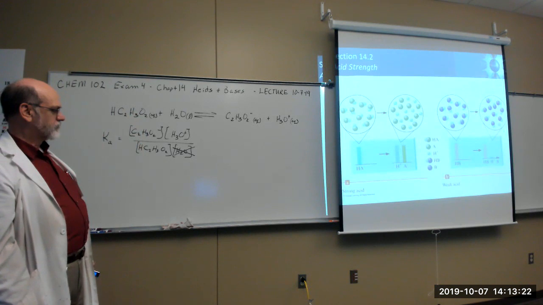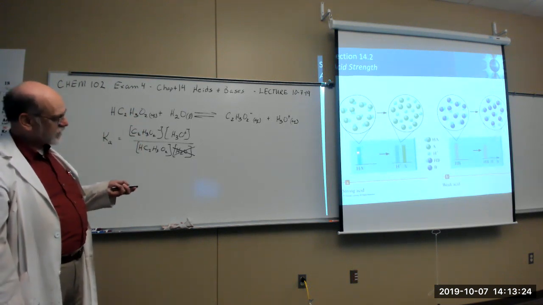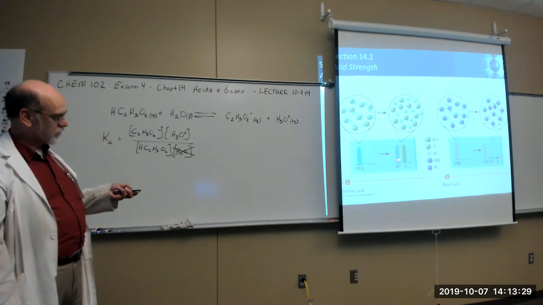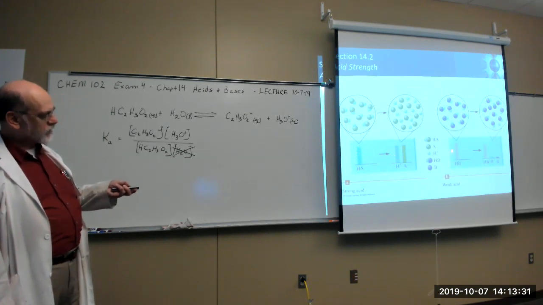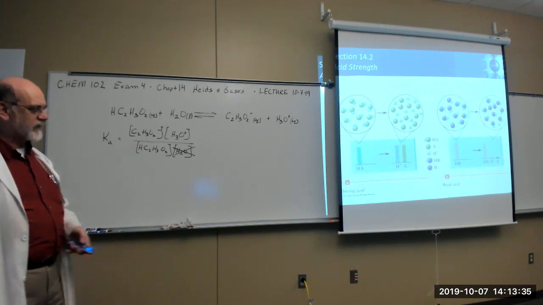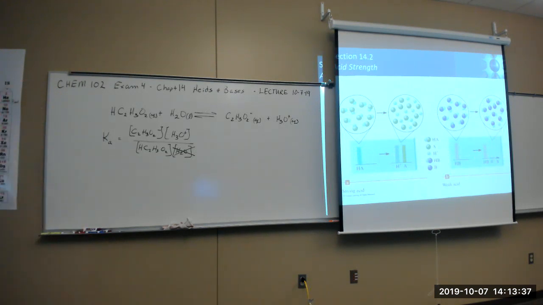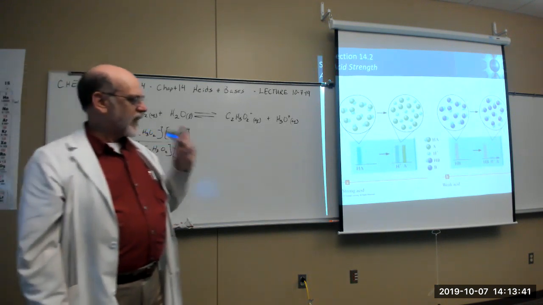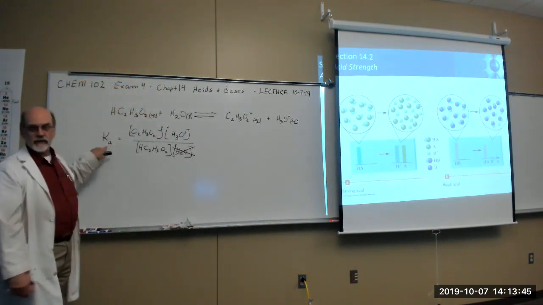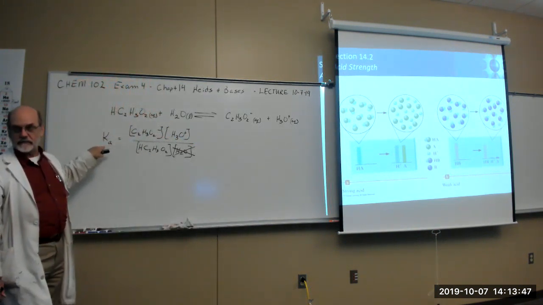Let's see. So here's our strong acid, complete dissociation. If you know this one, you automatically know that one. Whereas with a weak acid, if you know this one, you only know a little bit of that one, and the concentration of your hydrogen ions depends on how much of it there is and its equilibrium constant.